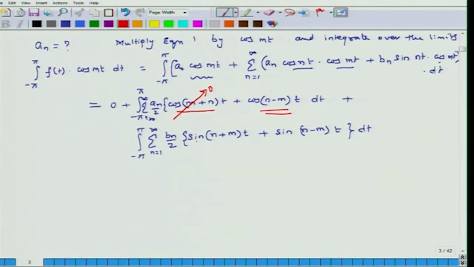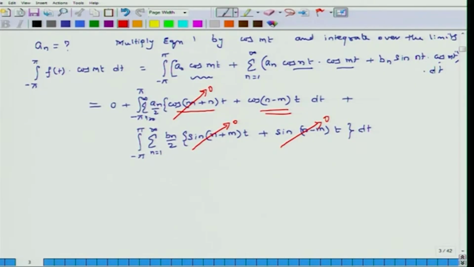Then let's look at this sine of (n plus m)t. When I integrate it, I will get negative cosine, and in the denominator I will get n plus m. Cosine is an even function, so its value will be the same whether t is pi or minus pi. So when I take the difference, this will be 0, and for the same reason this is also going to be 0.